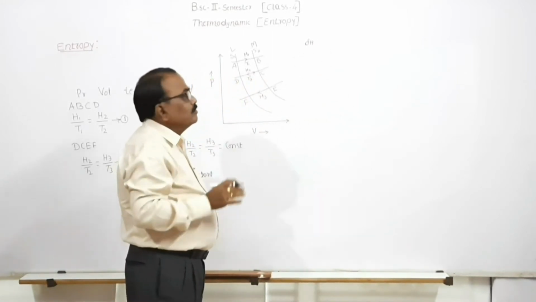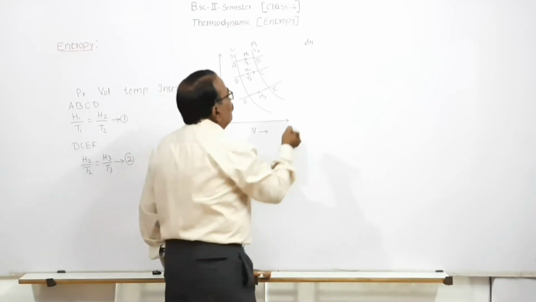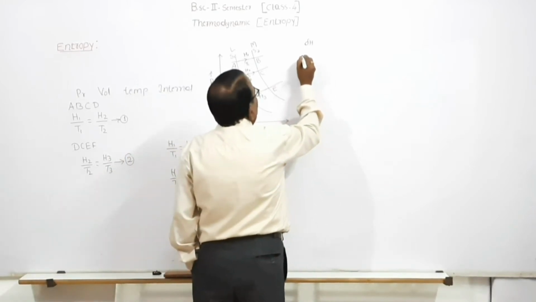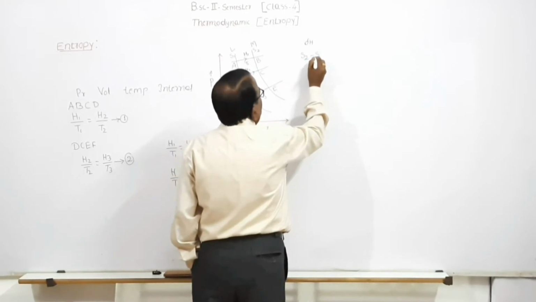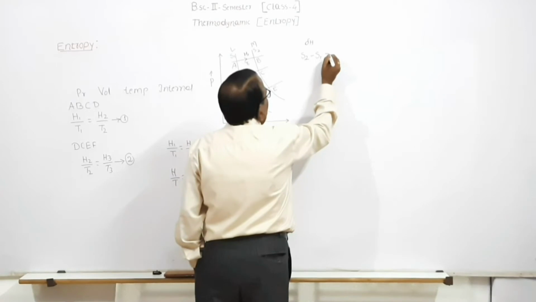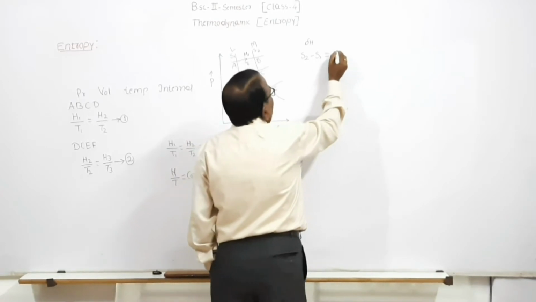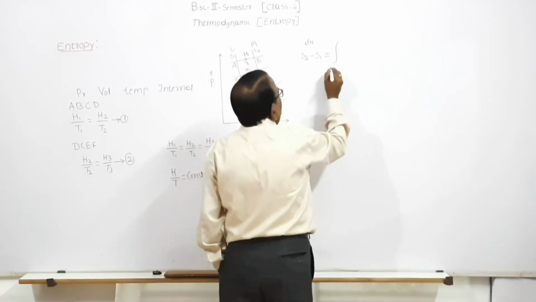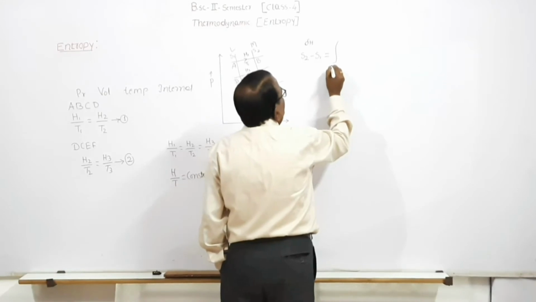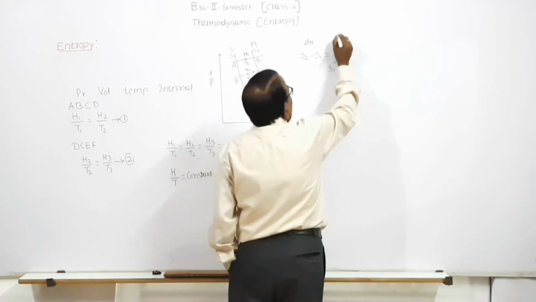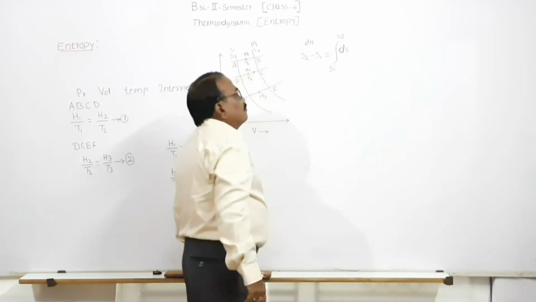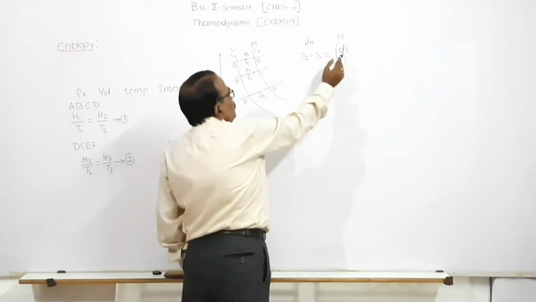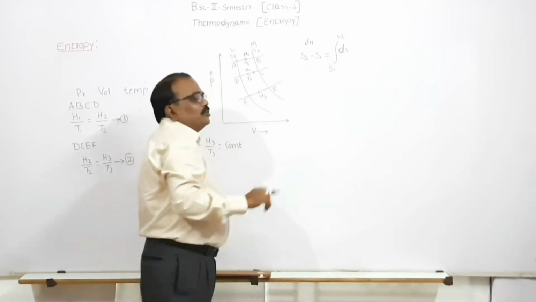So the change in entropy, S2 minus S1, is equal to the integration of dS from S1 to S2. If you integrate this dS, you are going to get S2 minus S1.